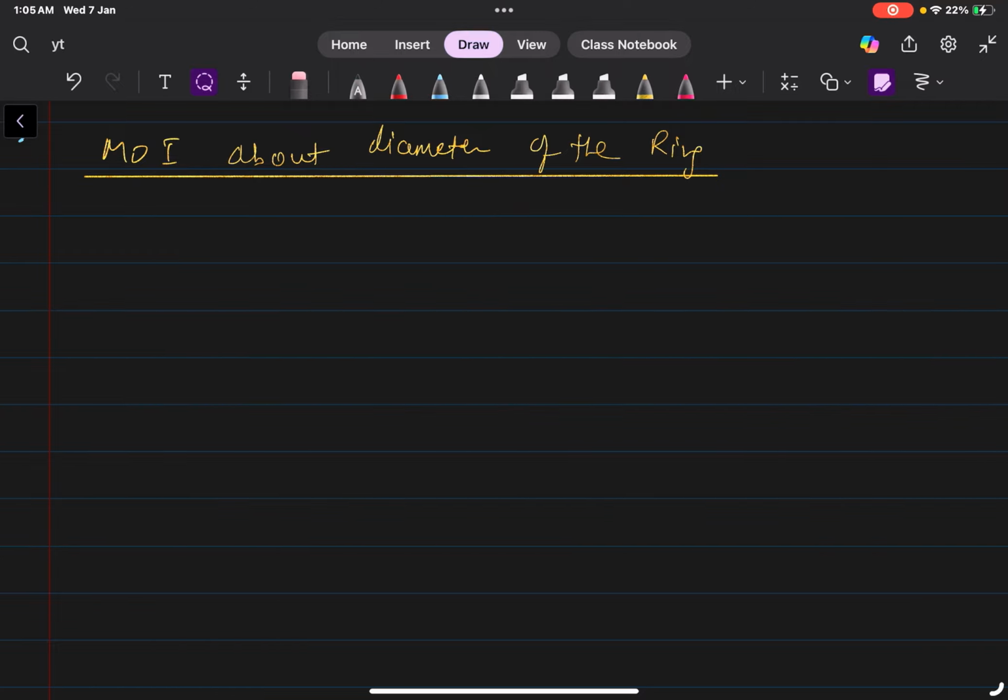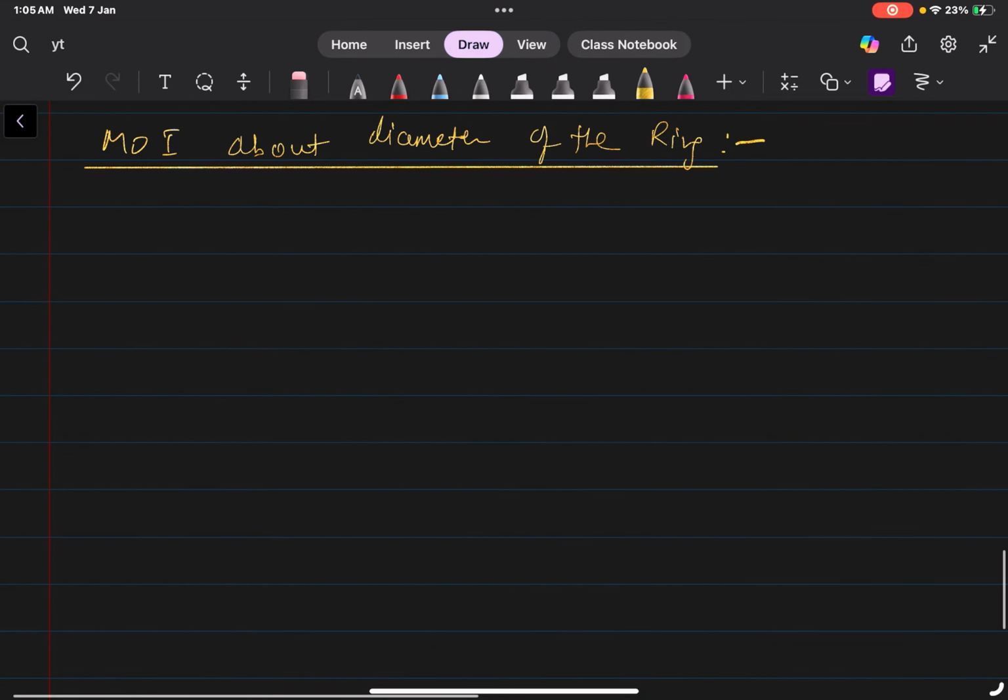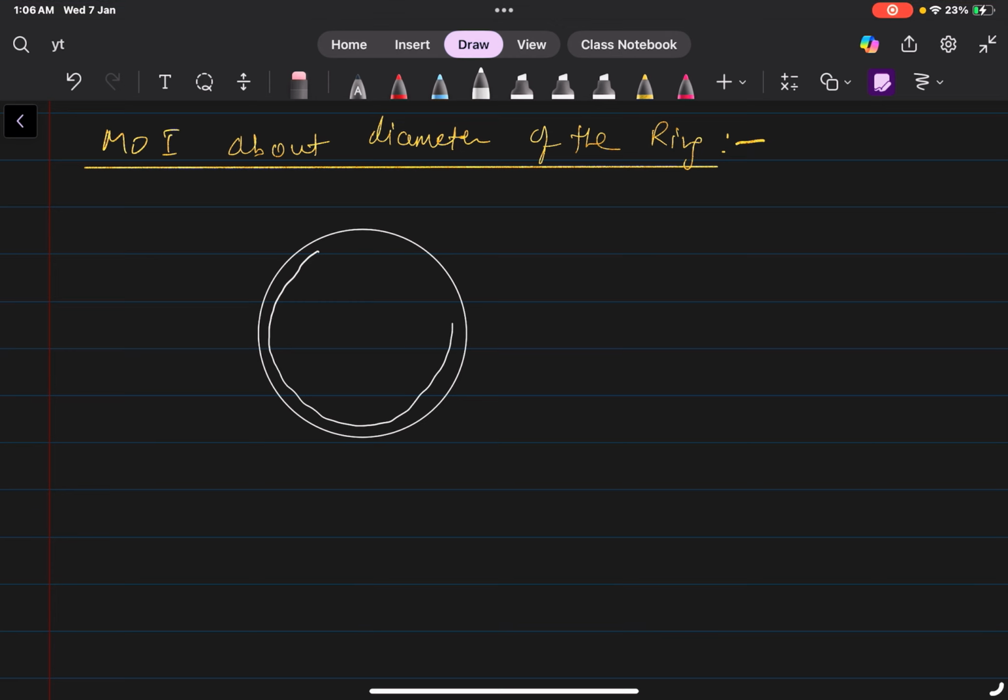In this case we are using the perpendicular axis theorem. By this theorem we derive the equation of the moment of inertia of a ring. How do we use it? First of all I am drawing the ring. A ring looks approximately like this, and this is the inner part of the ring.